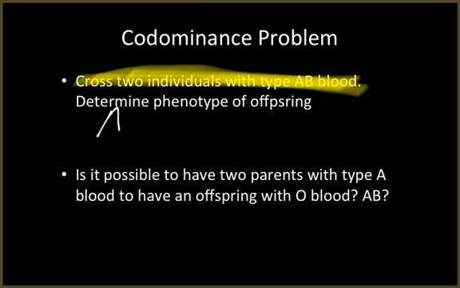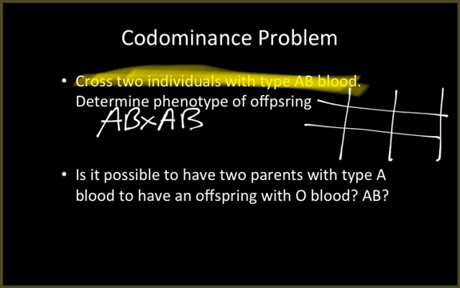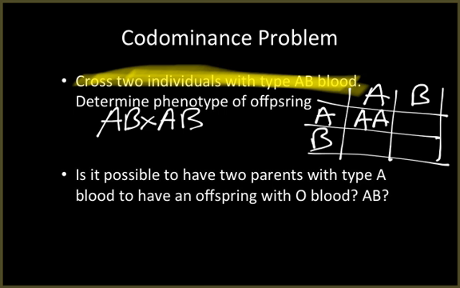You have 2 individuals, AB and AB. We cross them and see what we get from our offspring. So the same things apply. You still fill out a Punnett square, and you determine genotypes and phenotypes based upon what you do in the cross, right? So AB, A, B, okay? And you cross them.